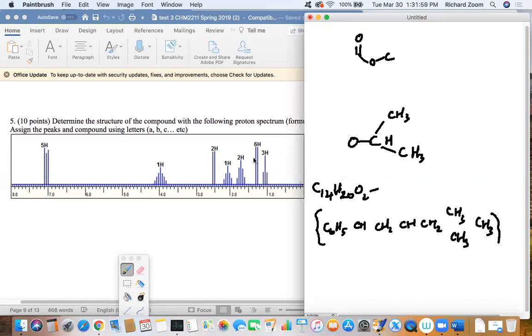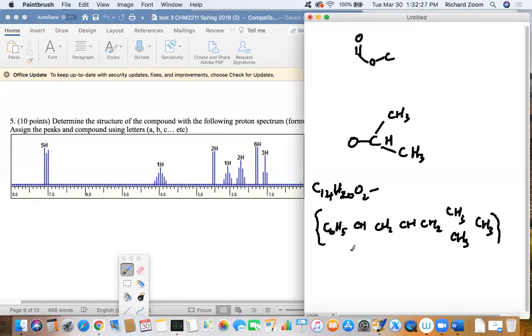Well, according to my guide, if it's 1 or 2 or 3 peaks, it's most likely 2 CH3s. If it's 4 peaks, it's most likely 3 CH2s. So that can be helpful there. So C6H5, CH, CH2, CH, CH2, CH3, CH3, and CH3. So that's what we've got.